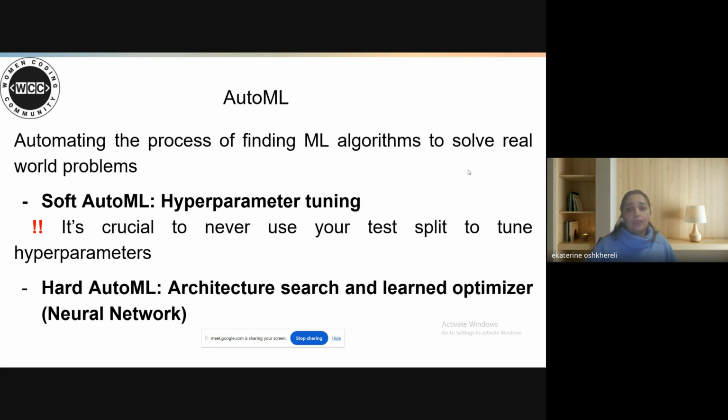In the book, it mentions that quite often weak learners and simple models which are well tuned with hyperparameters can outperform some fancier models as well. The book also discusses, in the chapter, architecture search and learned optimizers, which are used in deep learning neural networks.